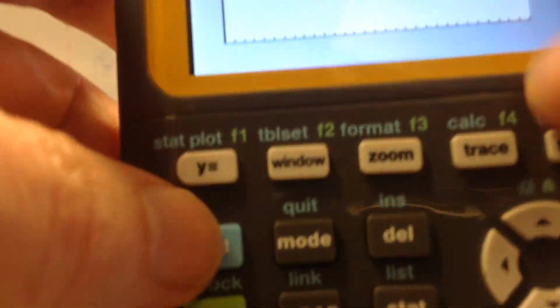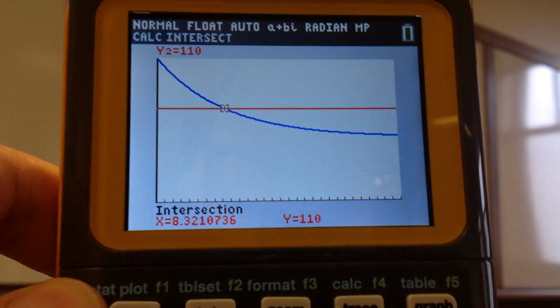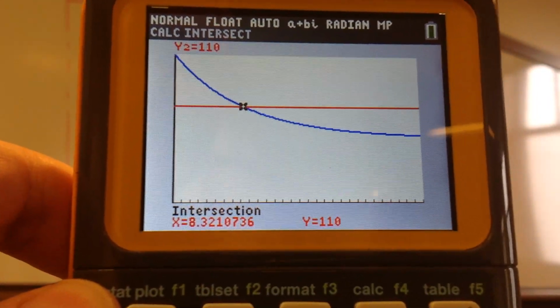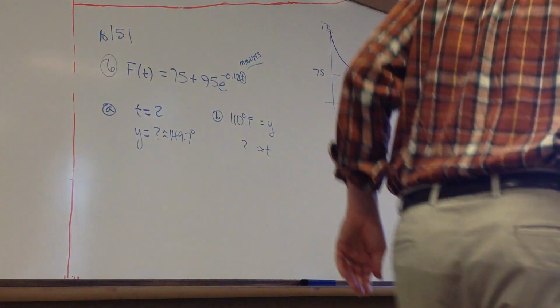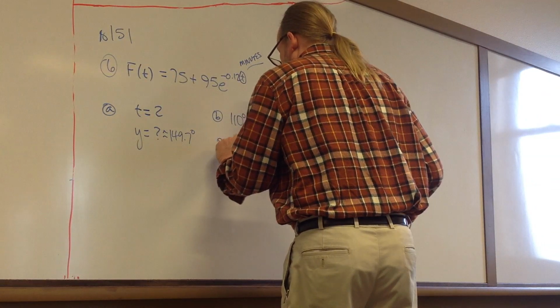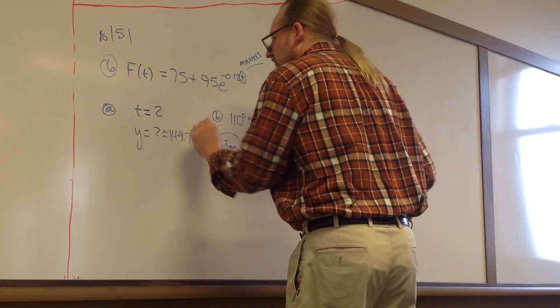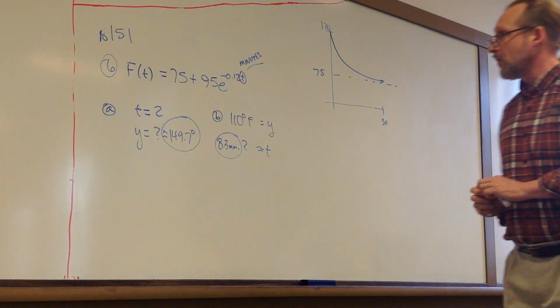Go into the calculate menu, second trace, choice number 5, find the intersection, hit enter, and then there's our intersection, 8.3 minutes. Okay, so here's our answer. t equals approximately 8.3 minutes.